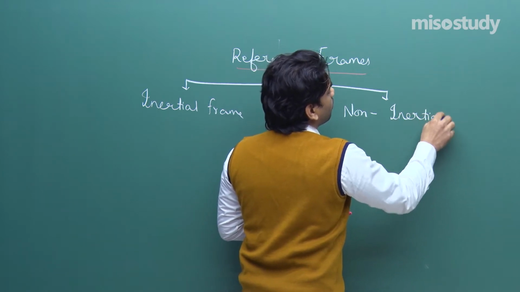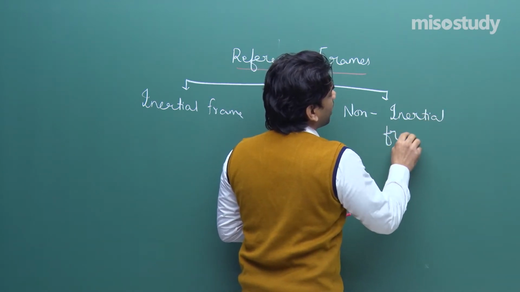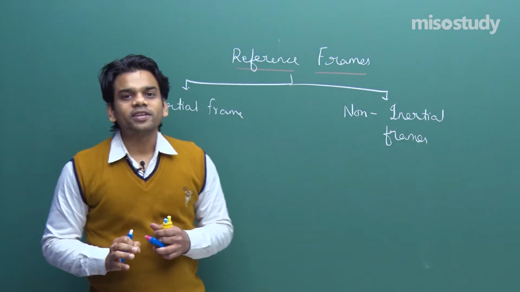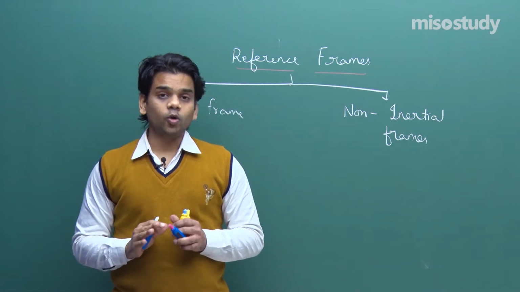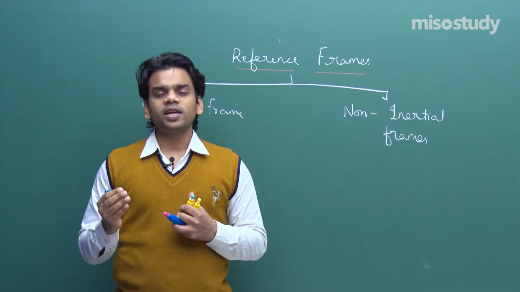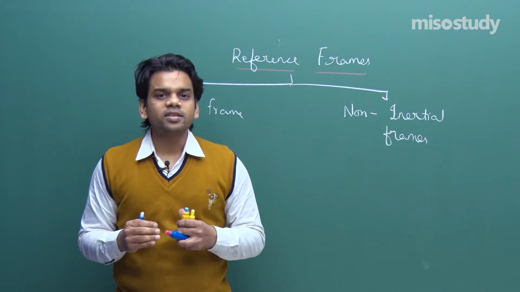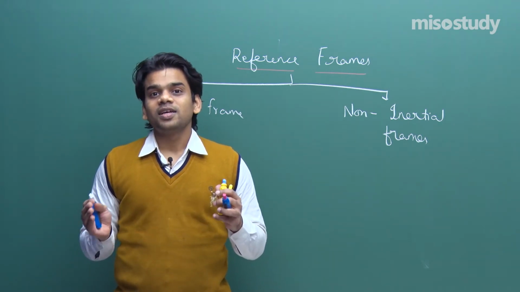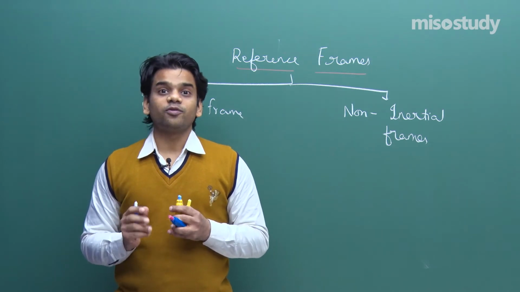Now, what are these frames and why are we studying this? First of all, let me tell you what inertial frames are. A frame which has got no acceleration. If you're studying the acceleration or motion of an object from a frame which does not have any acceleration, that frame is known as an inertial frame of reference.